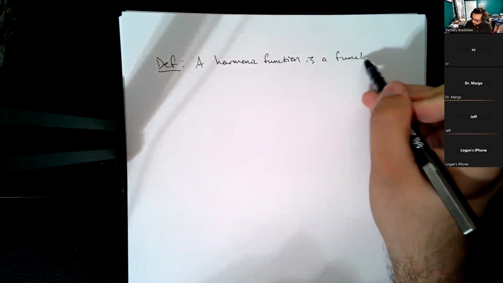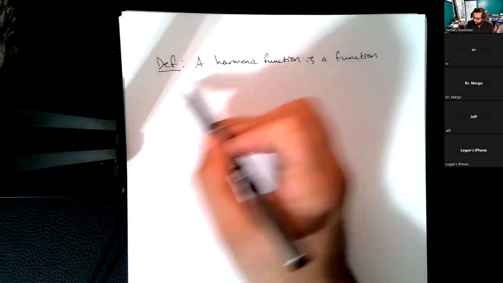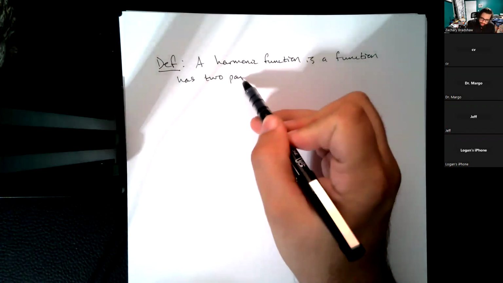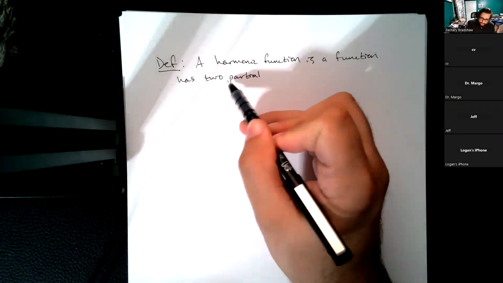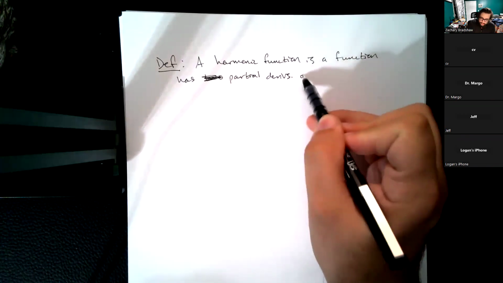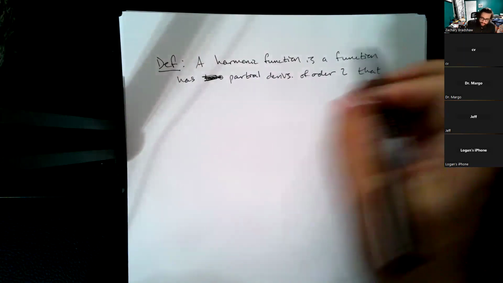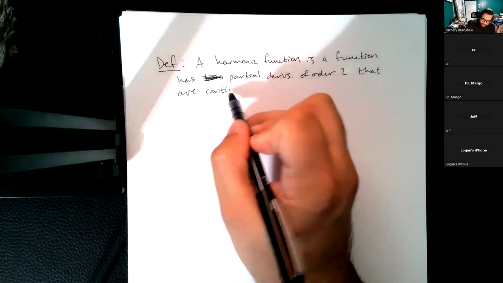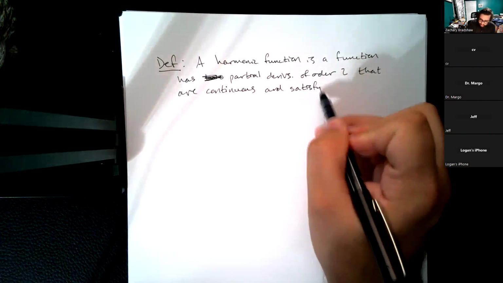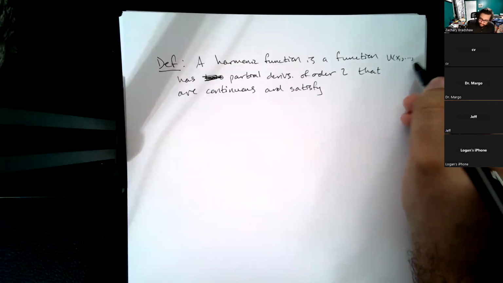So this is a function which has partial derivatives of order 2 that are continuous and satisfy... So let's call the function u. It'll be in n variables.